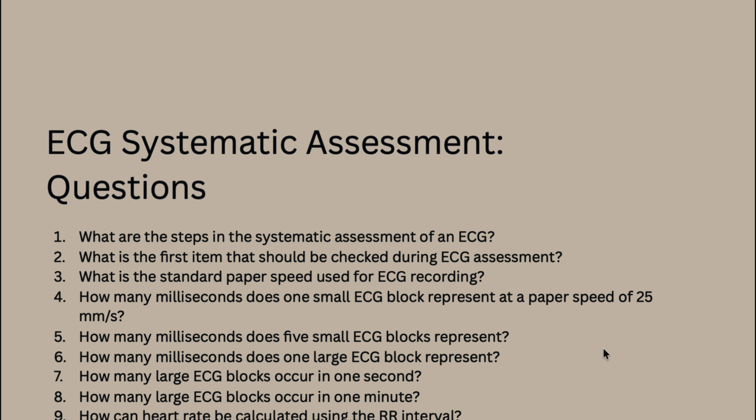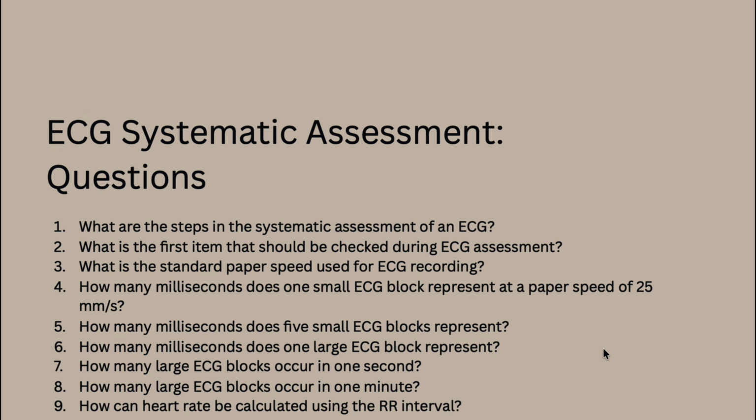And one large block also represents 200 milliseconds, the same as above. And 5 large blocks represent 1 second, therefore there are 300 large blocks in 1 minute. Understanding these values is essential for accurately calculating heart rate and measuring ECG intervals.